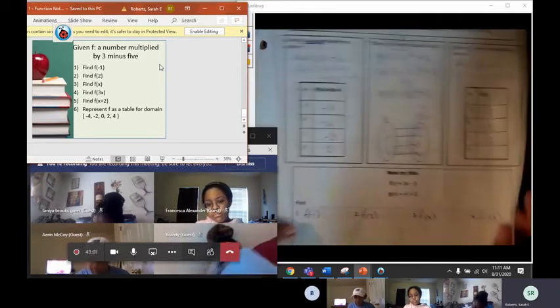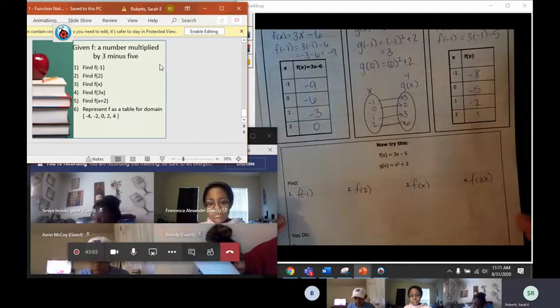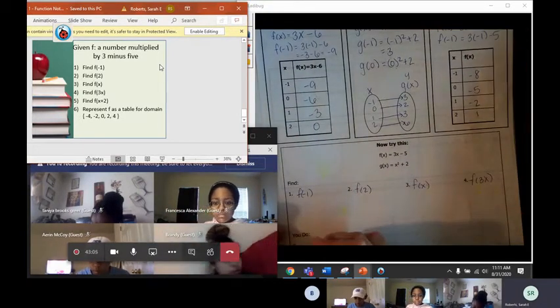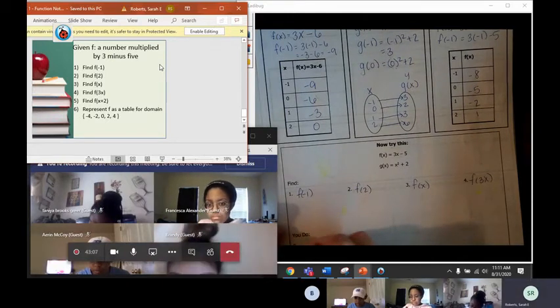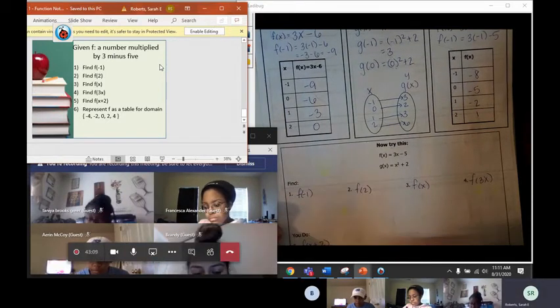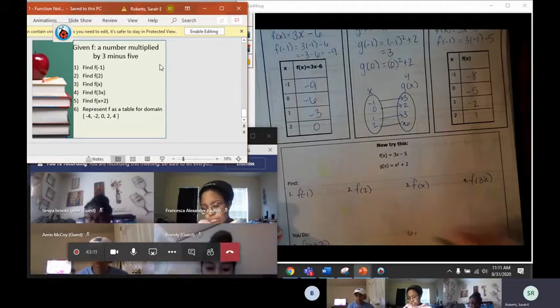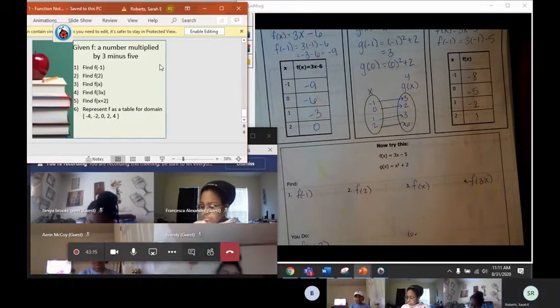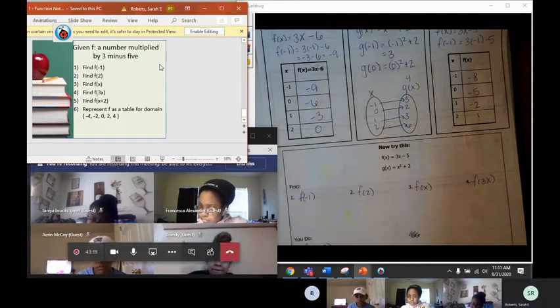And then 5, it wants you to do F of x plus 2, and 6 is to represent F as a table for a domain. We'll skip 6. We'll just do 5.